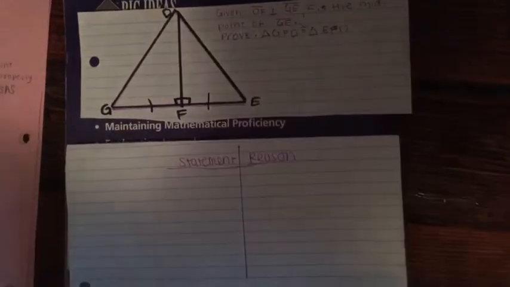Now we're going to show you how to do a proof. We've set up an example of one, and it's already given that line DF is perpendicular to line GE, and that F is the midpoint of GE. We have to prove that triangle GFD is congruent to triangle EFD.